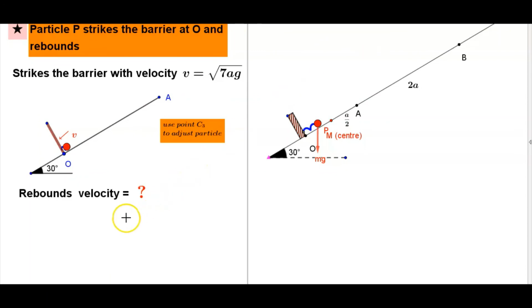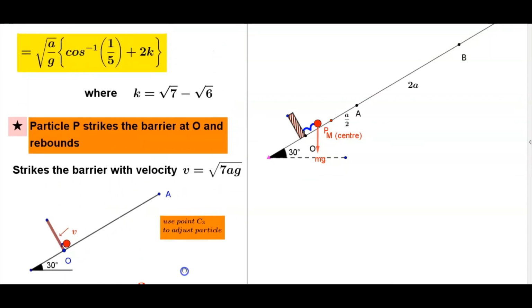So the rebound velocity is given by Newton's law of restitution.